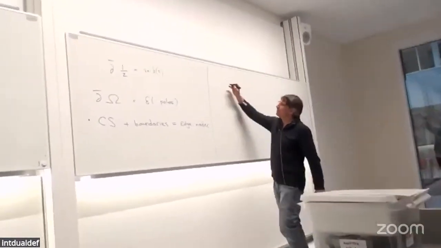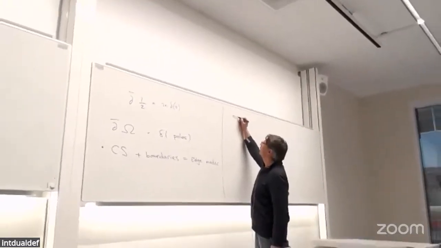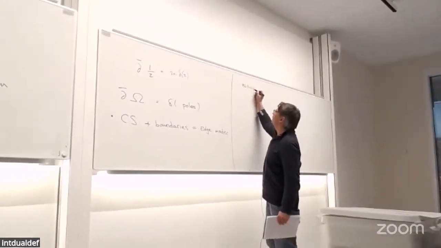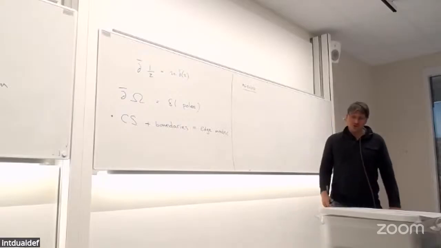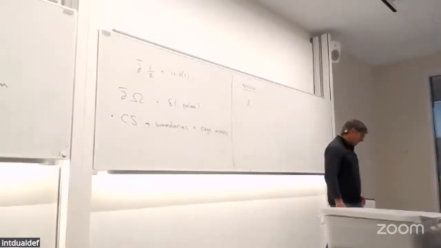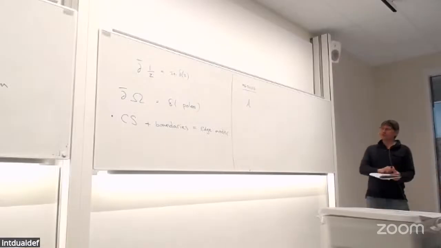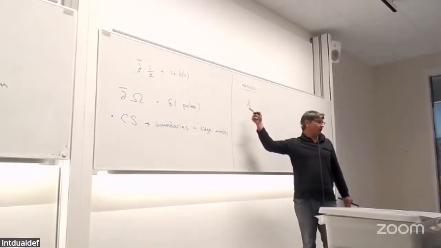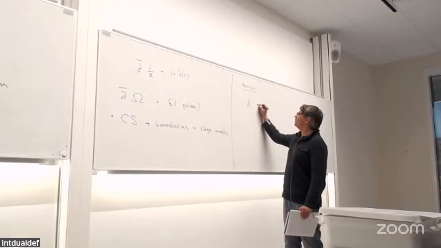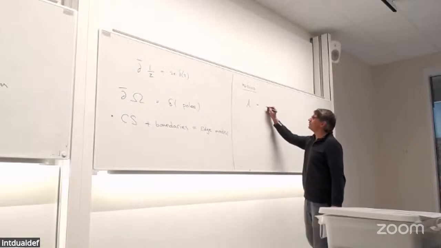Okay, so here's the method. It's going to seem like a bit of a weird method at first, but it really does work. So we've got our connection A, but we're not going to use this. We're going to reparameterize this connection, and the way we're going to do it is entirely daft.